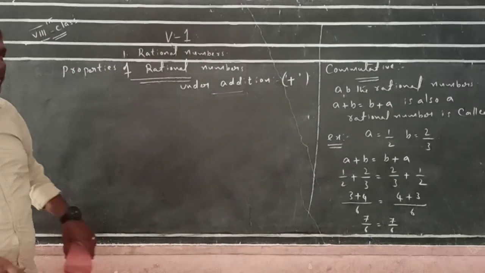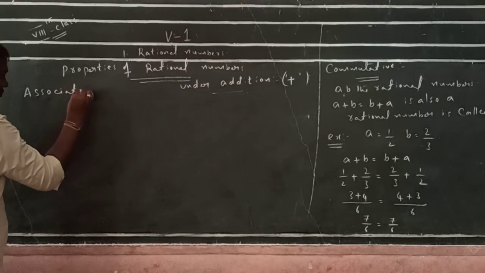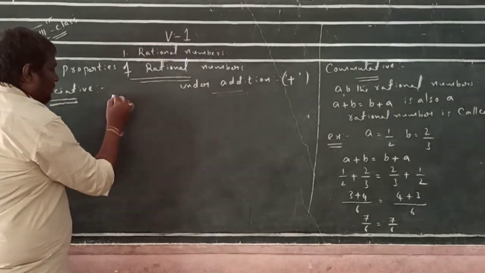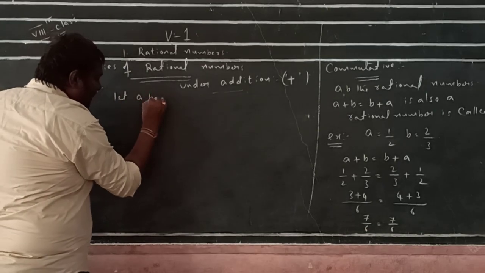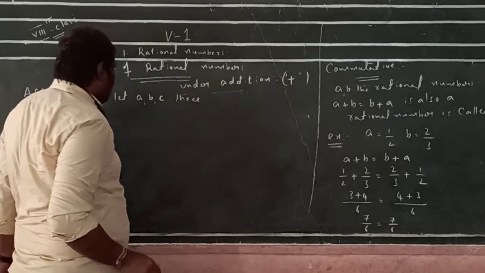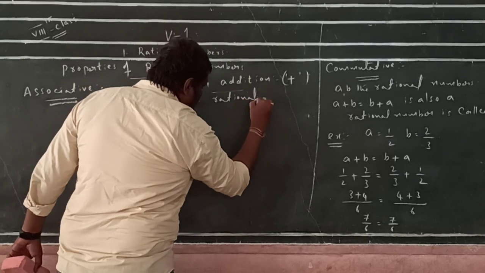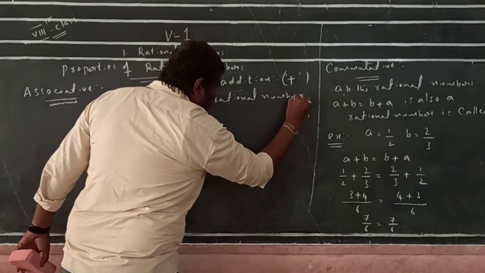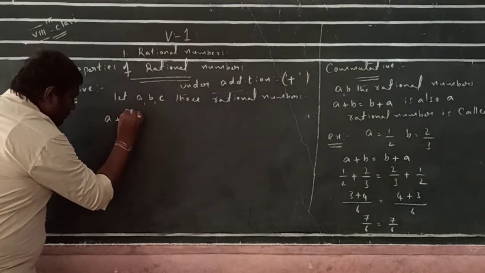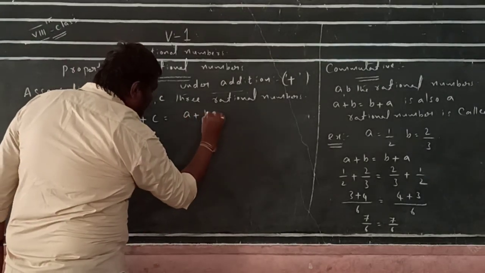Next one is the associative property. Here, let A, B and C be three rational numbers. The condition is (A plus B) plus C is equal to A plus (B plus C).